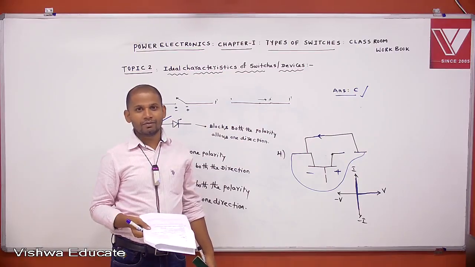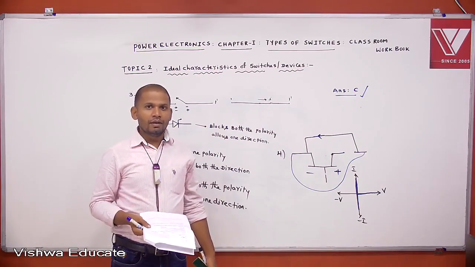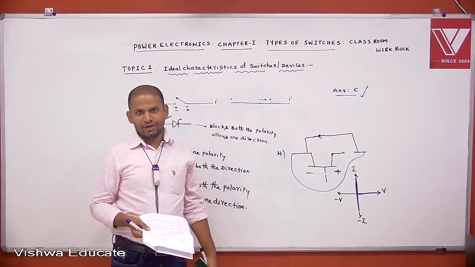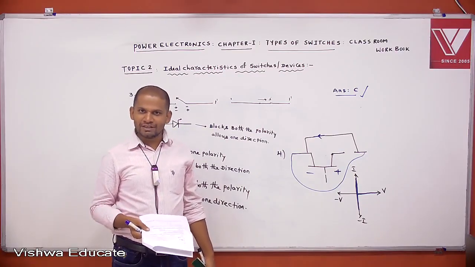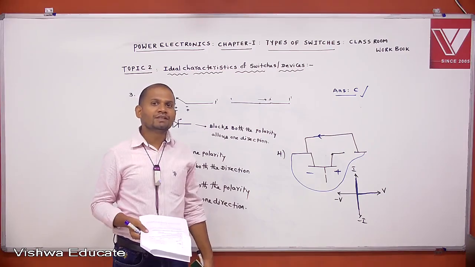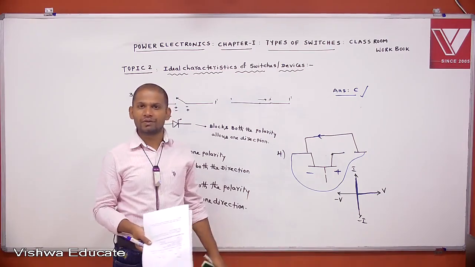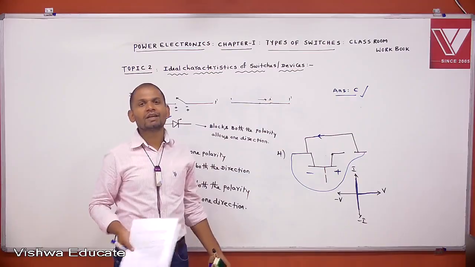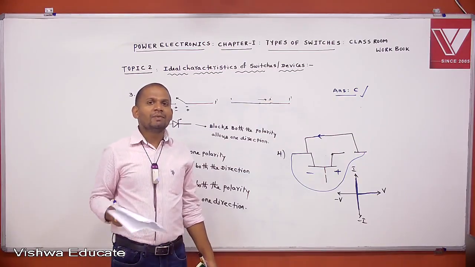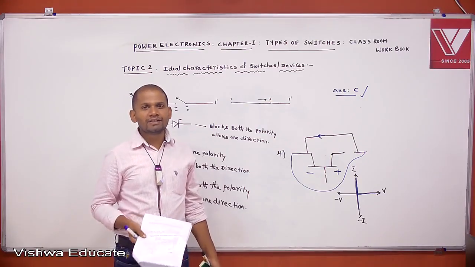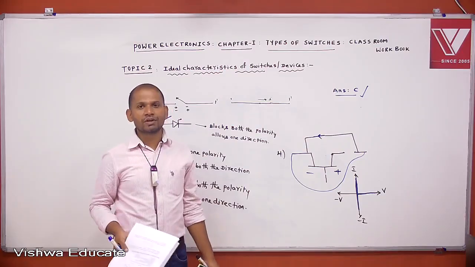See, one observation here. Any transistor, it may be BJT or MOSFET or IGBT, with a series diode, extra it blocks reverse voltage. Actually, it is first quadrant, extra reverse voltage. With an anti-parallel diode, actually it is first quadrant, extra it allows reverse current.